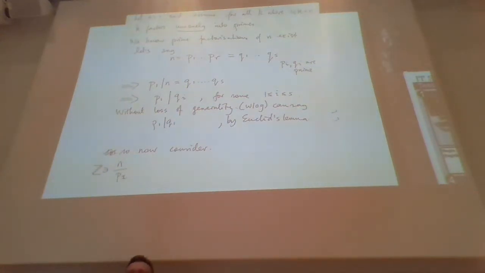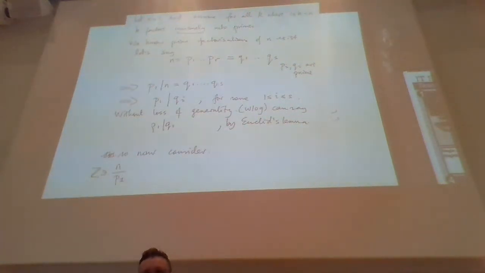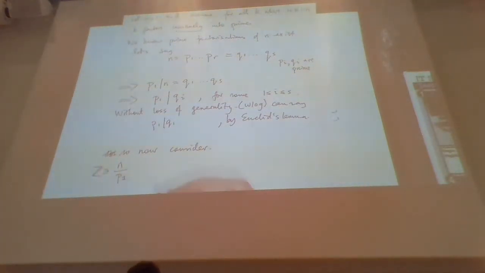You just forget the factor P1, just look at P2 up to PR. This is a positive integer, but the point about it is it's strictly less than n, isn't it? Because we've cancelled off one of the prime factors.